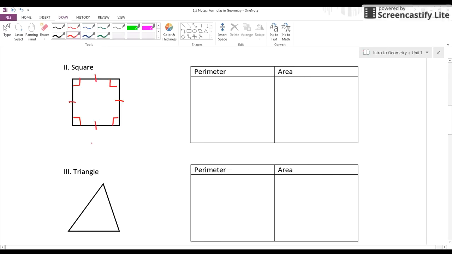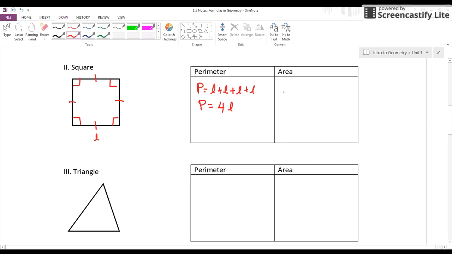And you can call these sides A or B or whatever you want. I'm going to go ahead and use L for length. And the perimeter here, again, we're just going to add up all 4 sides, so capital P. And we have 4 of the same sides, so it's L plus L plus L plus L, which is 4L. So 4 times the length of a side.